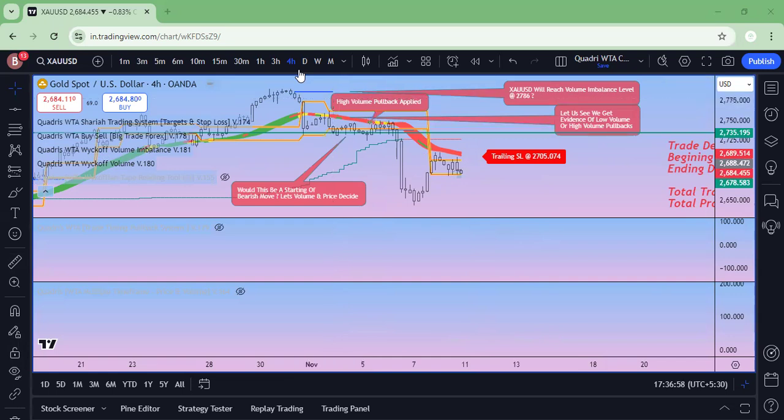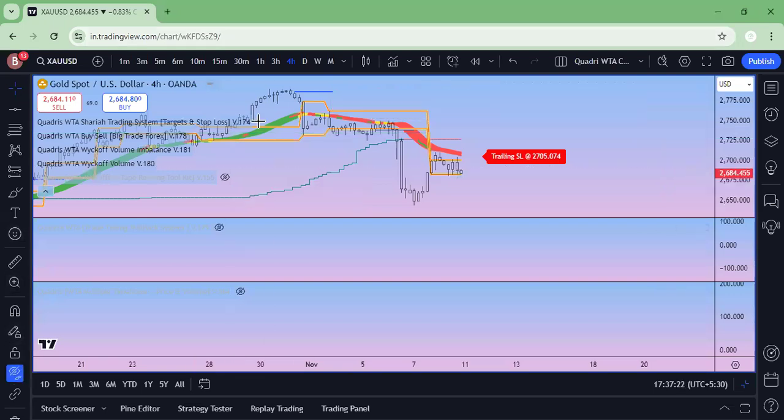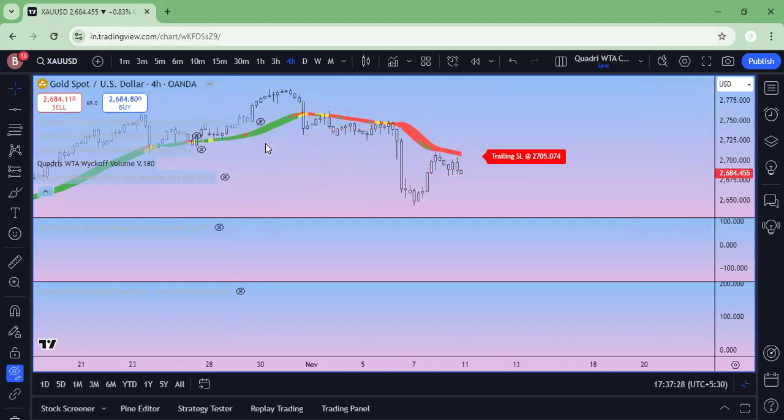One thing would be, either price would, like, one second, let me change the color of my cursor. Okay. So what will happen? I'll hide this thing so that you people can understand this.